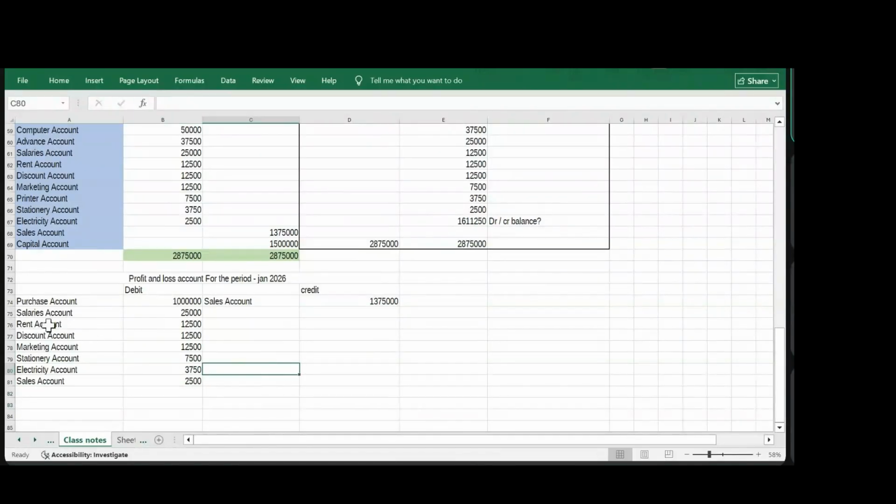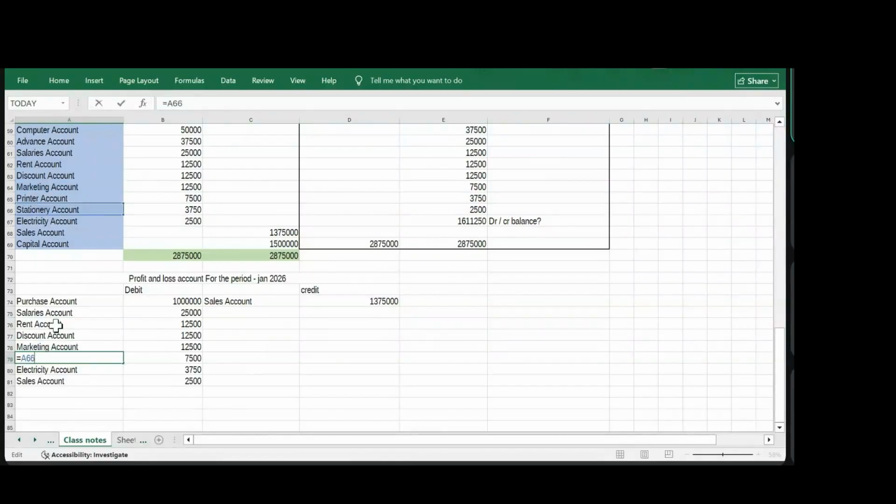Okay, so we have picked up these 3, 4, 5, 6. Sales. What did I do? Rent, salaries, rent, correct. Rent 1200. Discount, marketing.